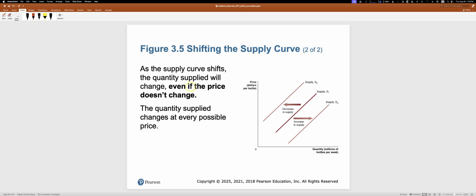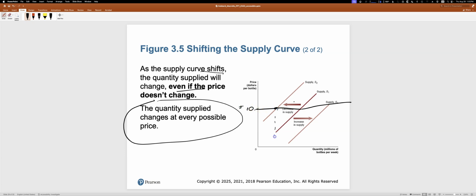And what we're seeing here is that that shift can occur even if the price isn't changing, and again, it's changing at each and every price. So if I were to draw, again, a constant price here of, let's say, $10, we would see that the quantity is lower here and the quantity is much higher here.